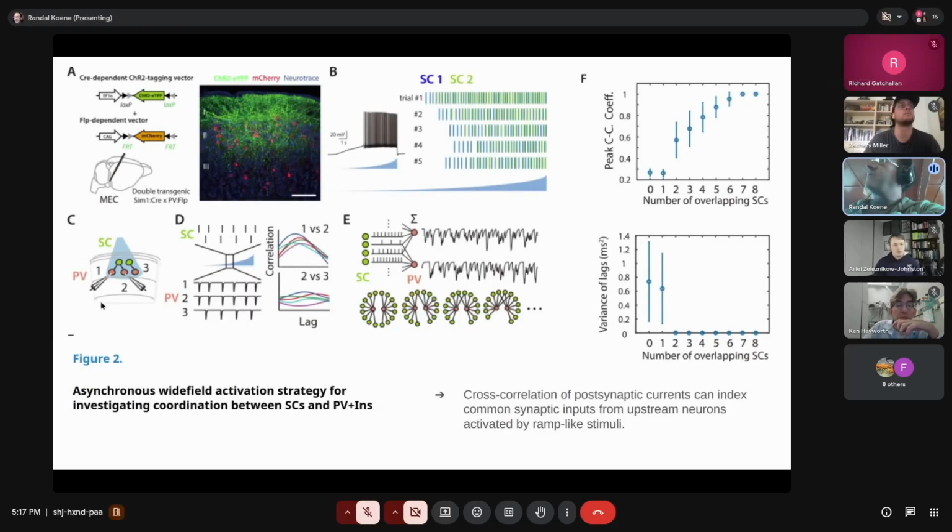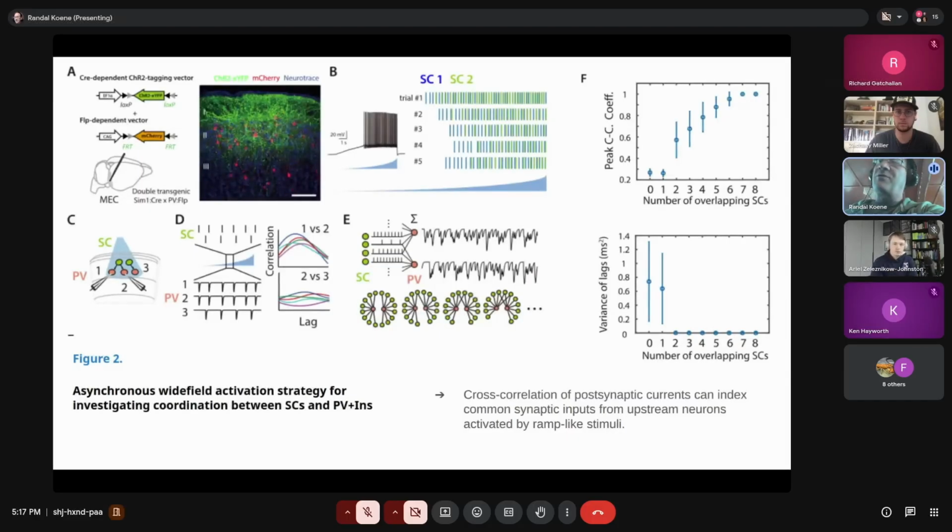So here in C, we have the setup for the wide field optical activation and the recording with patch clamp from parvalbumin interneurons. We're showing 3 interneurons here, which they then show again in D, where we can see the excitatory postsynaptic currents that are being generated in those interneurons as a response to the activation of stellate cells.